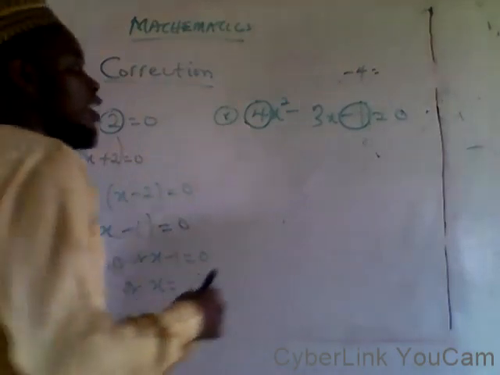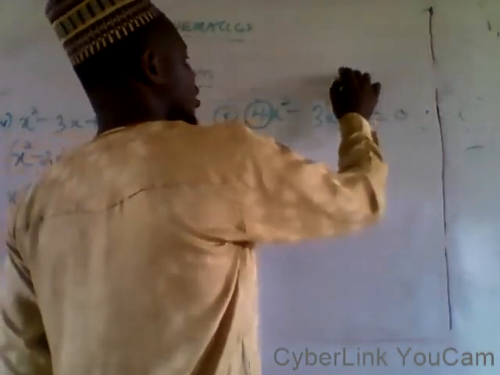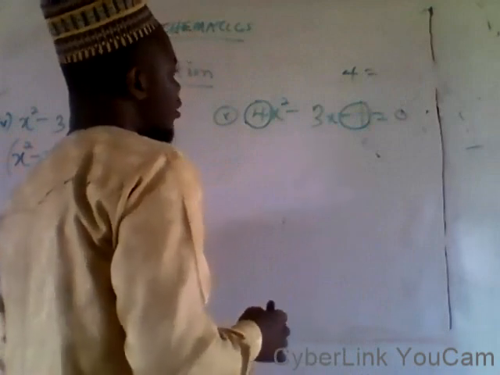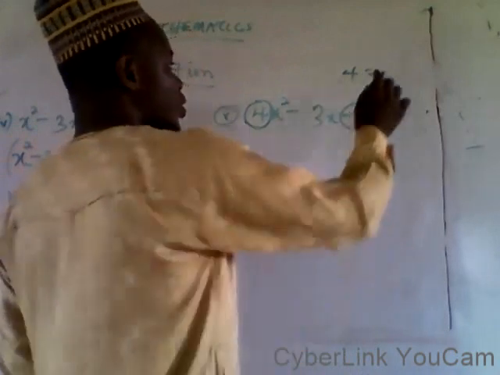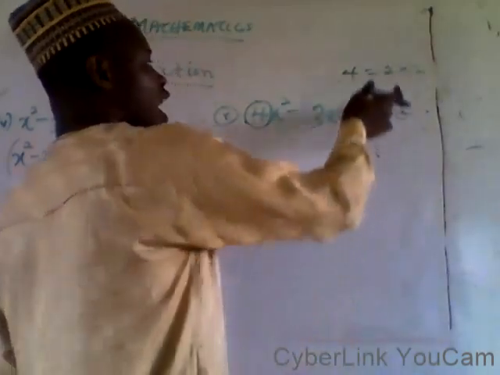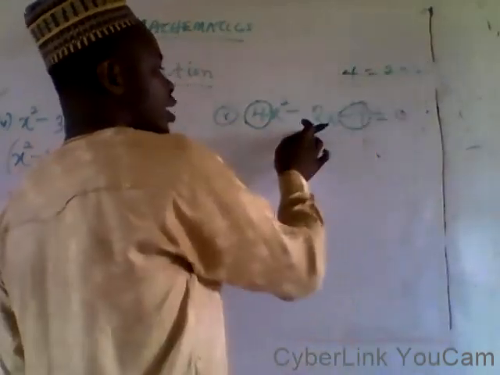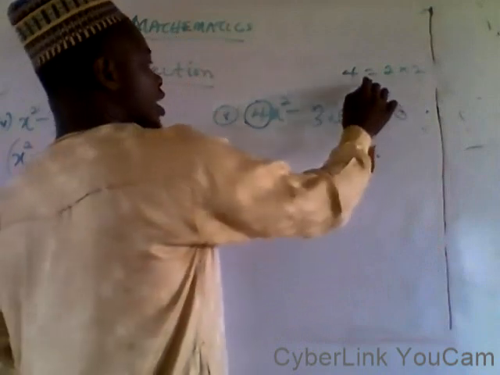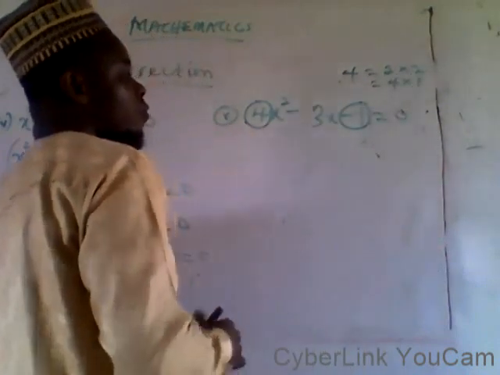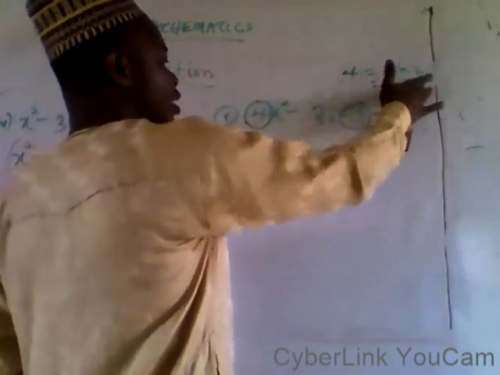So how do you manipulate your 4 to get minus 3? The factors of 4 can be 2 times 2, right? But how do you manipulate your 2 times 2 to get 3? That is not possible. But you can see how it will be 4 multiplied by 1. So how do you manipulate your 4 and 1 to get 3? It is possible.